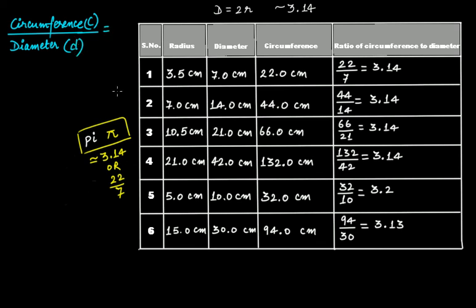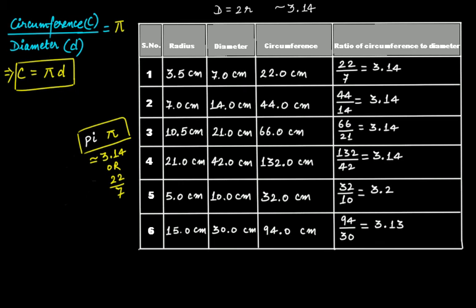We are saying this is pi. And that means that your circumference, that is C, comes as pi D. That is circumference is equal to pi times D. If you cross multiply this, cross product gives you circumference is equal to pi D.